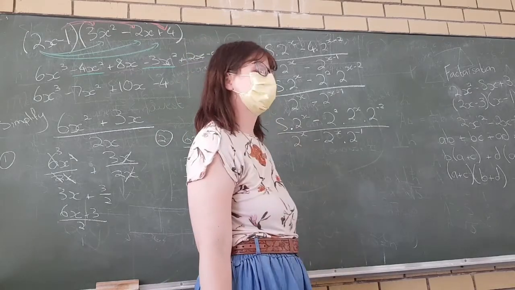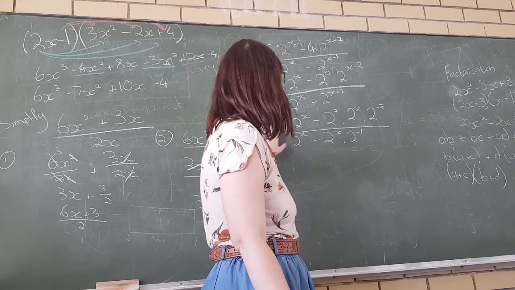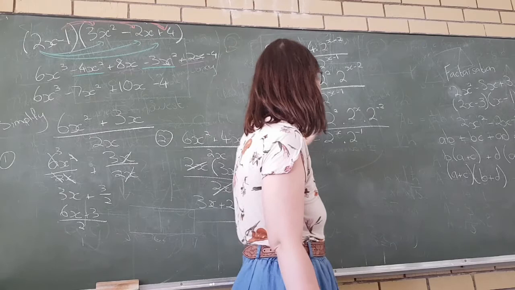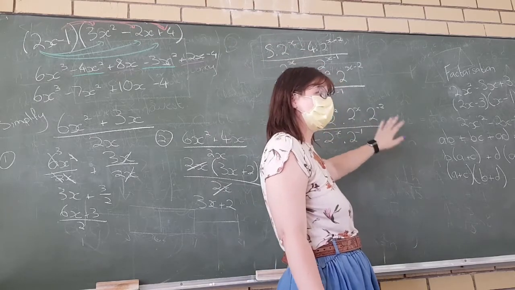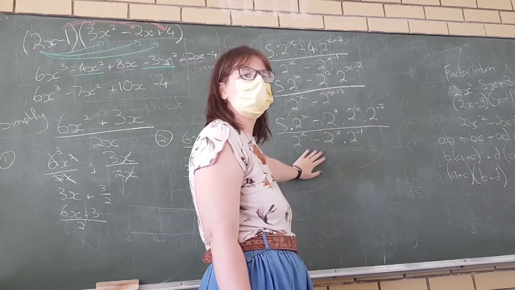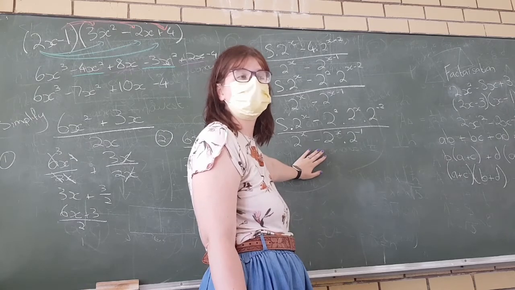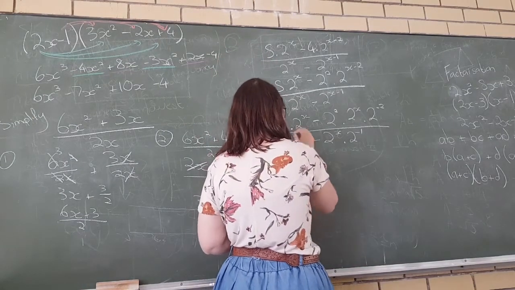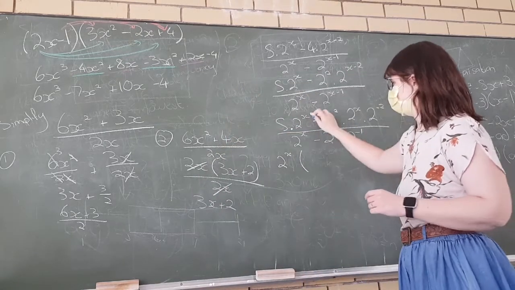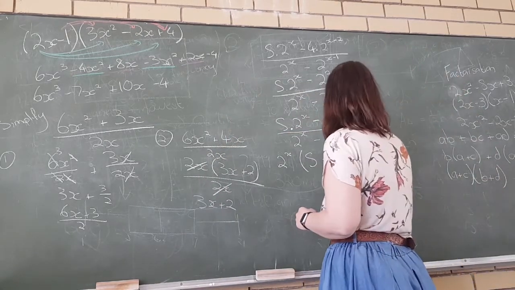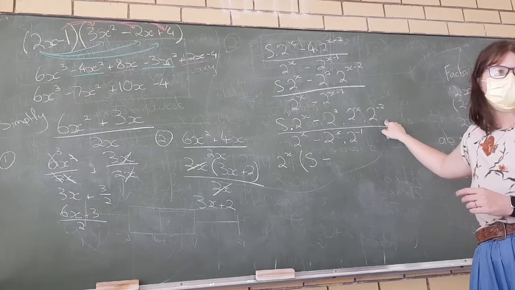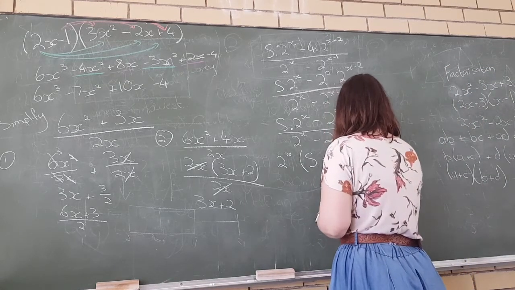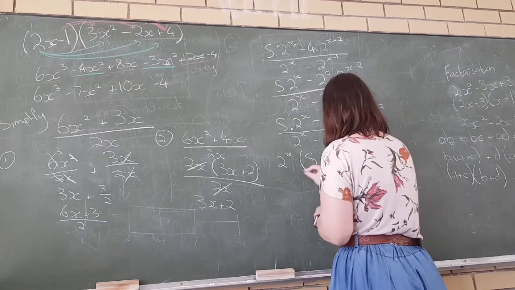Alright, so now we have to take out a highest common factor because we can't cancel. So what we're going to want to do is take out your x. So I'm going to take out 2 to the power of x. What's remaining here if I take out 2 to the power of x? 5. Minus, what's remaining here? 2 to the power of 2 times 2 to the power of minus 2.